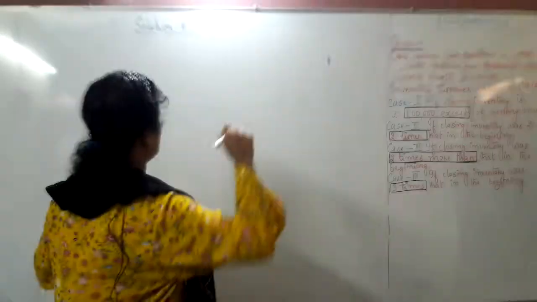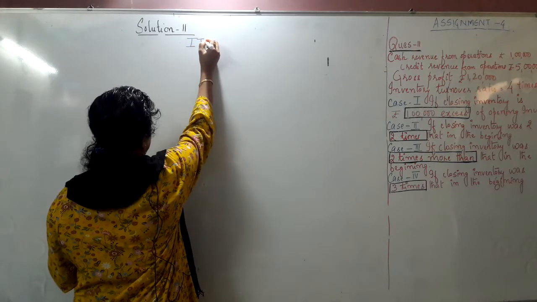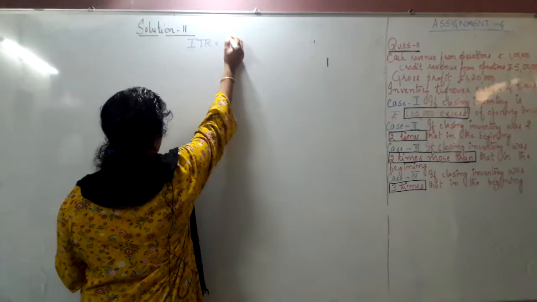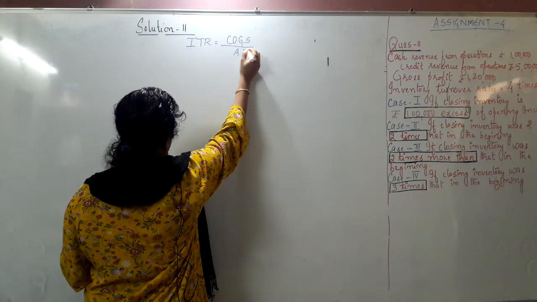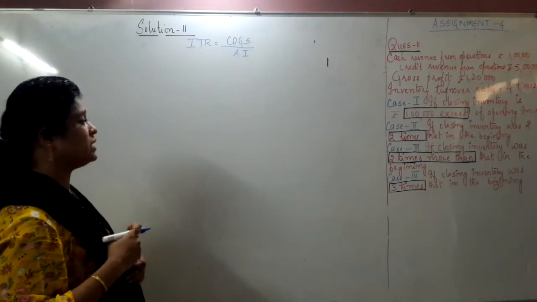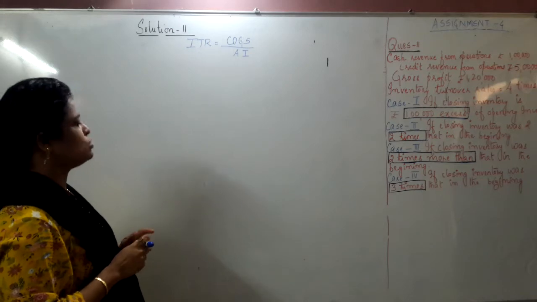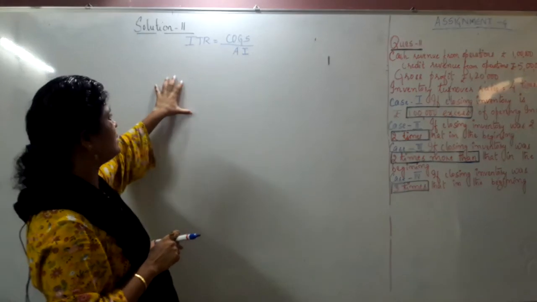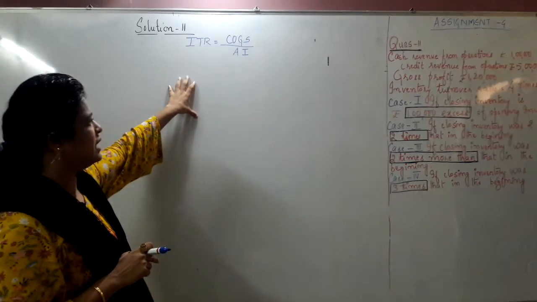First we will write the formula for ITR. What is the formula for ITR? That is cost of goods sold upon average inventory, which you know very well. Let us see what information required by this formula is given.